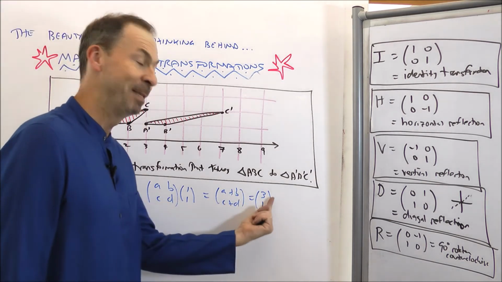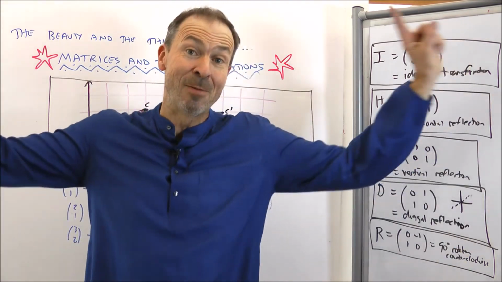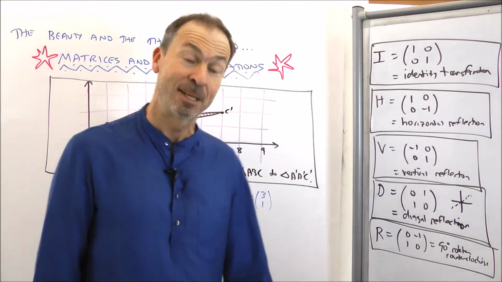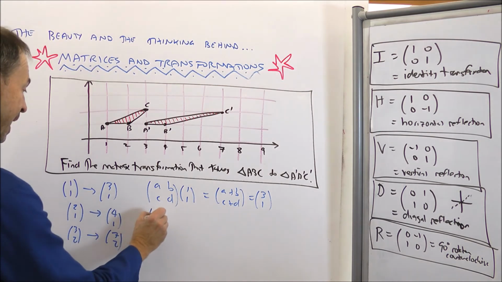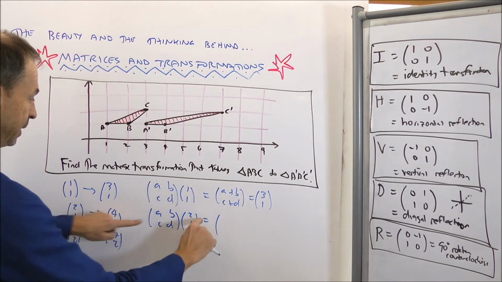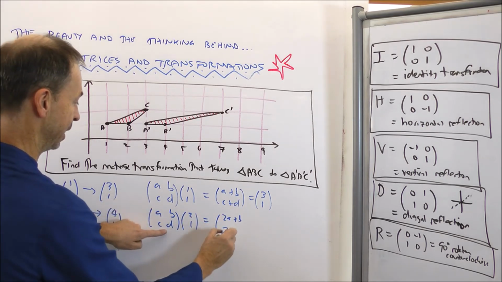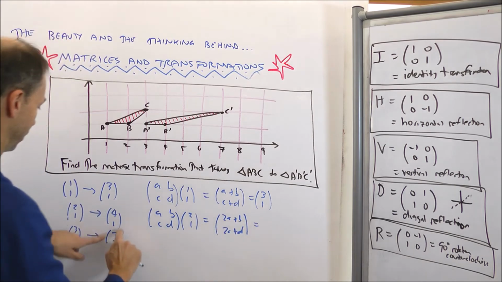So a plus b is meant to be 3, c plus d equals 1. I'm getting some equations that might tell me what a, b, c, and d have to be. The other one I have is the matrix applied to (2, 1), which is 2a plus b, 2c plus d, and that's meant to be the point (4, 1).